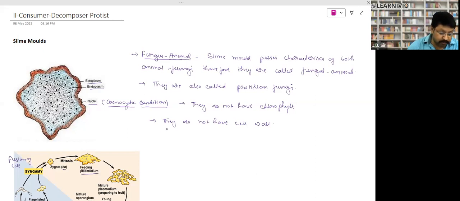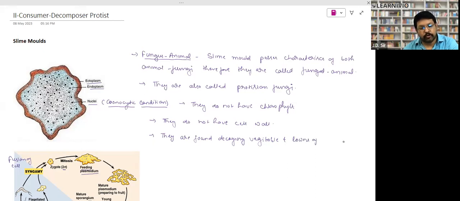The body is surrounded by the plasma membrane. They are found in decaying vegetables and lawns of grass, right.